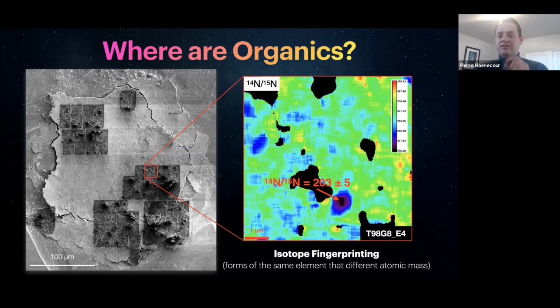Each pixel has a specific isotopic ratio, and in that image there is a region that's really blue-red. That means it has an enrichment in nitrogen 15, much more than anything on Earth. I'm going to show you in the next slide what I mean by enrichment.